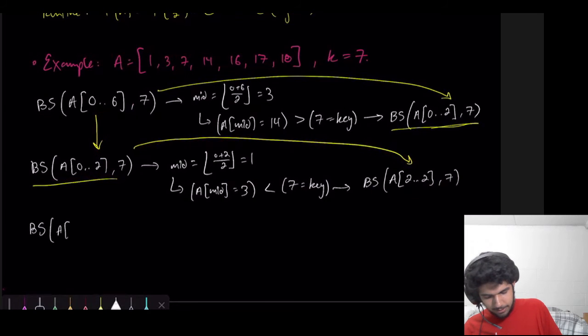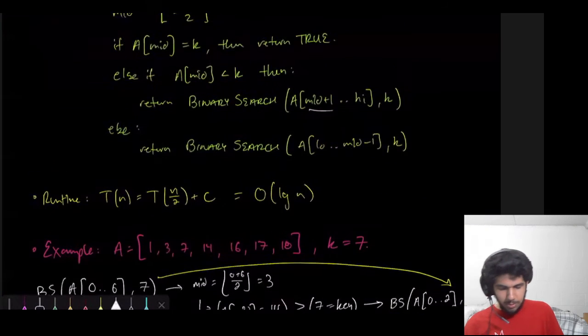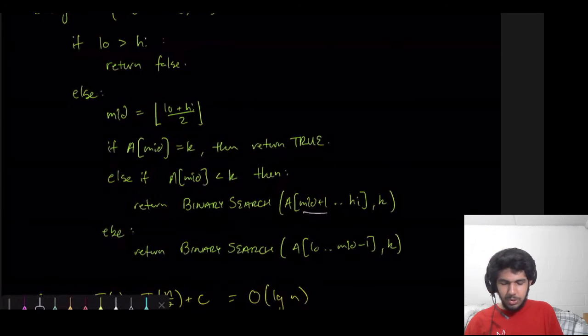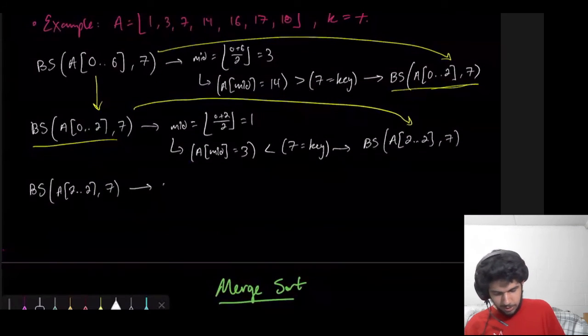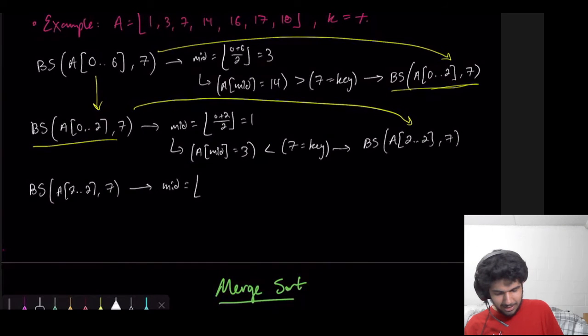BS of A from 2 to 2, comma 7. Let's check. Is low greater than high? It's not. Mid is equal to the floor of low plus high divided by 2, which is equal to 2. Now let's solve for A of mid.